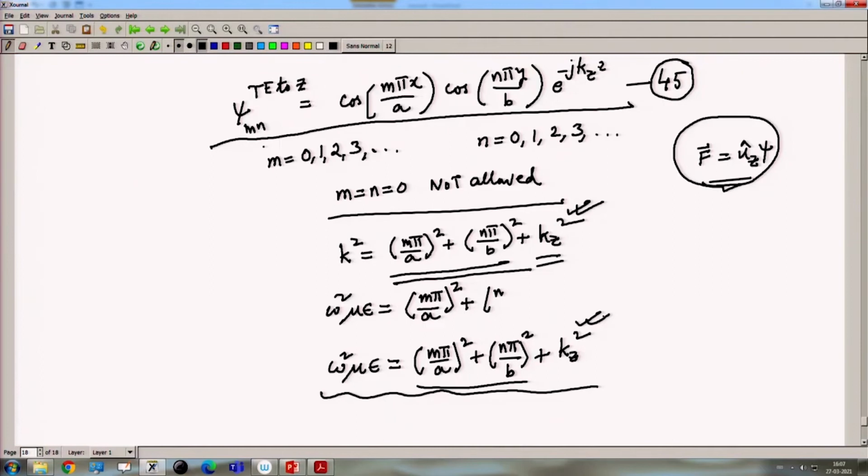There is no propagation along the z direction. So, omega equal to omega c, for which omega c square mu epsilon equal to m pi by a whole square plus n pi by b whole square, the frequency omega c is called the cutoff frequency, below which the propagation constant becomes complex.